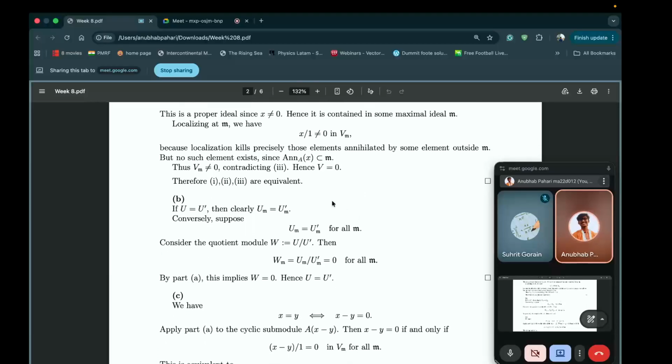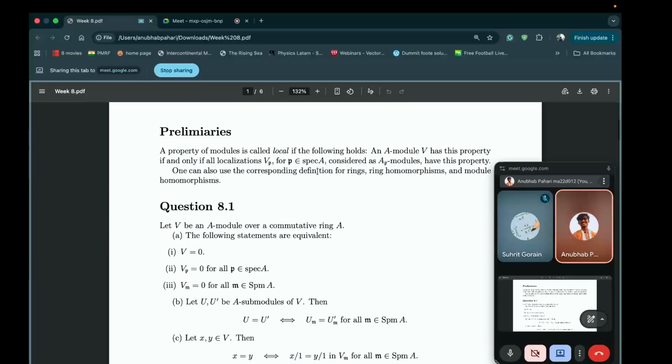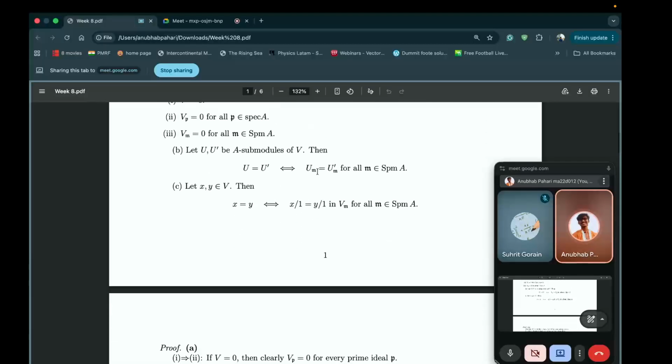Localization kills precisely those elements annihilated by some element outside M, but no such element exists since the annihilator of x belongs to this maximal ideal. Therefore your Vm is non-zero, contradicting 3, hence V is 0. So you can see that these three statements are equivalent.